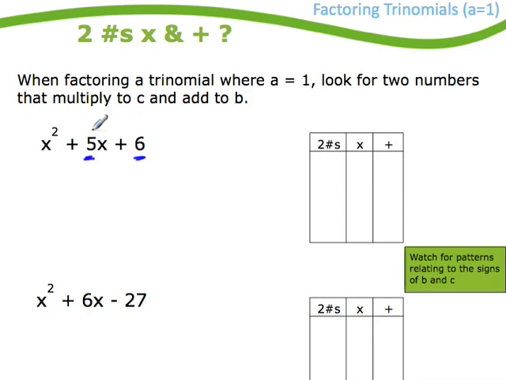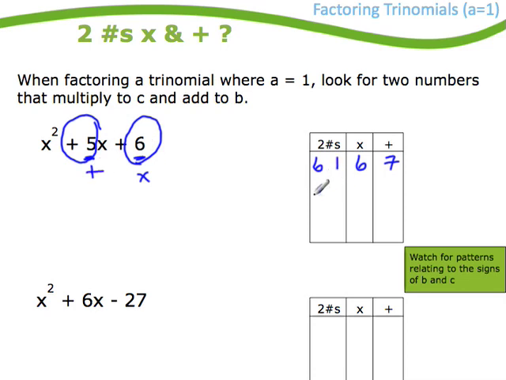And what I want is two numbers that multiply together to give me 6 and add together to give me a 5. So I go over here and I put the two numbers in. So 6, I could say 6 times 1. When I go 6 times 1, it gives me 6, so that's good. But when I go 6 plus 1, that gives me 7. That's not good. So I'm looking for two numbers that multiply to 6 and add to 5.